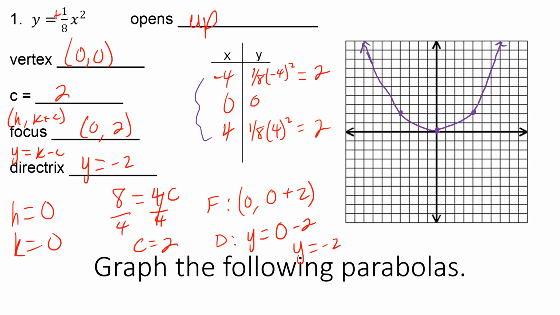Okay. So there's my parabola. Now I'm going to plot my focus. My focus is at 0, 2. Go to 0, go to 2, and there's my focus. Okay. And then I'm going to plot my directrix, and my directrix is at y equals negative 2.